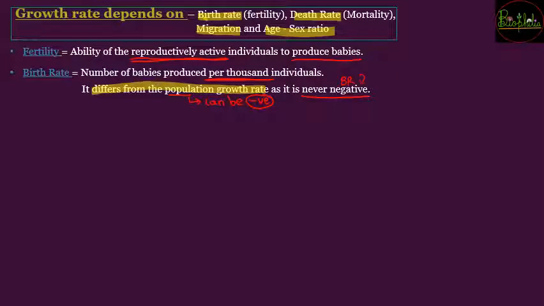Birth rate can never be negative. Now how can population growth rate be negative? अगर death rate कम है and the births taking place are less, in that case the growth is going to be negative. So birth rate negative नहीं हो सकता है, but the overall population growth rate can be negative. So for example, पिछले साल अगर the growth rate was 1.7, अगर ये साल 1.5 हो गया है, so that is going to be a negative growth rate.